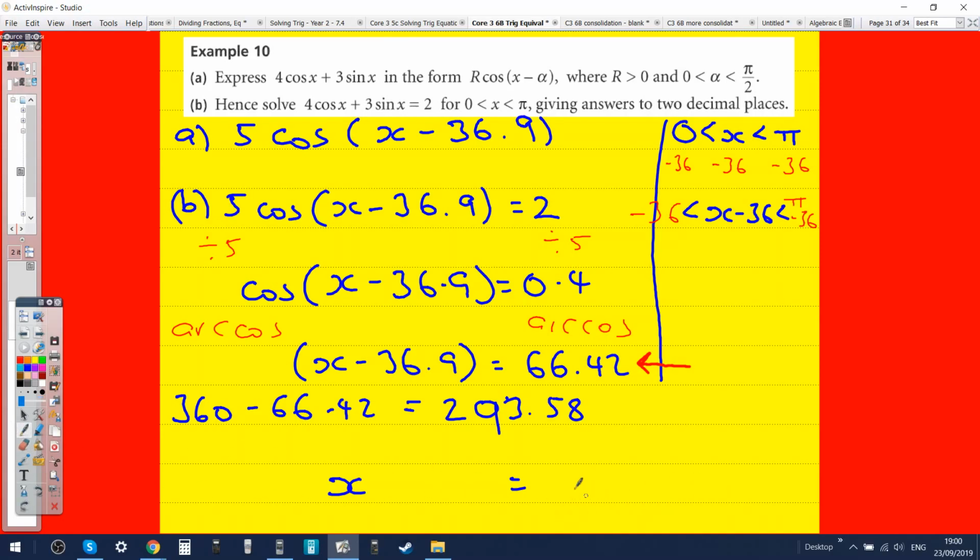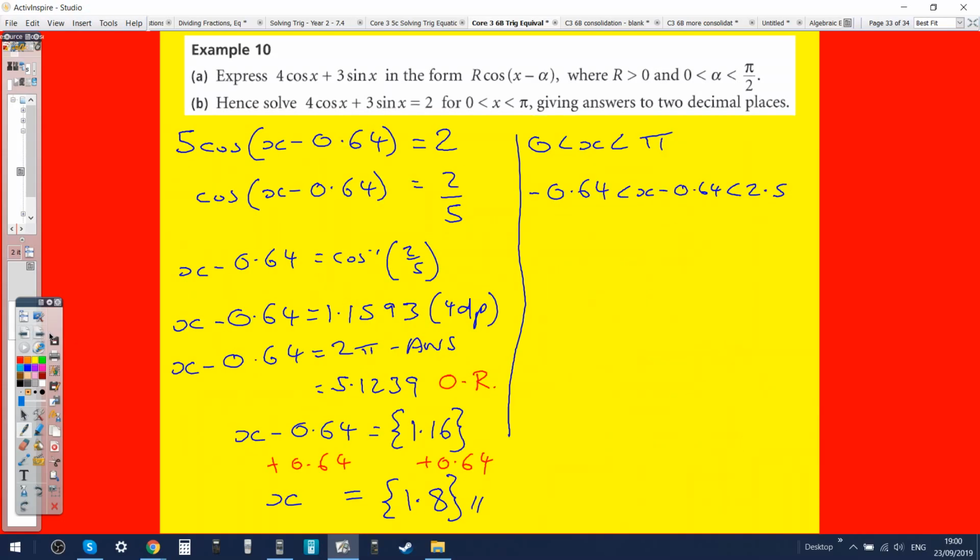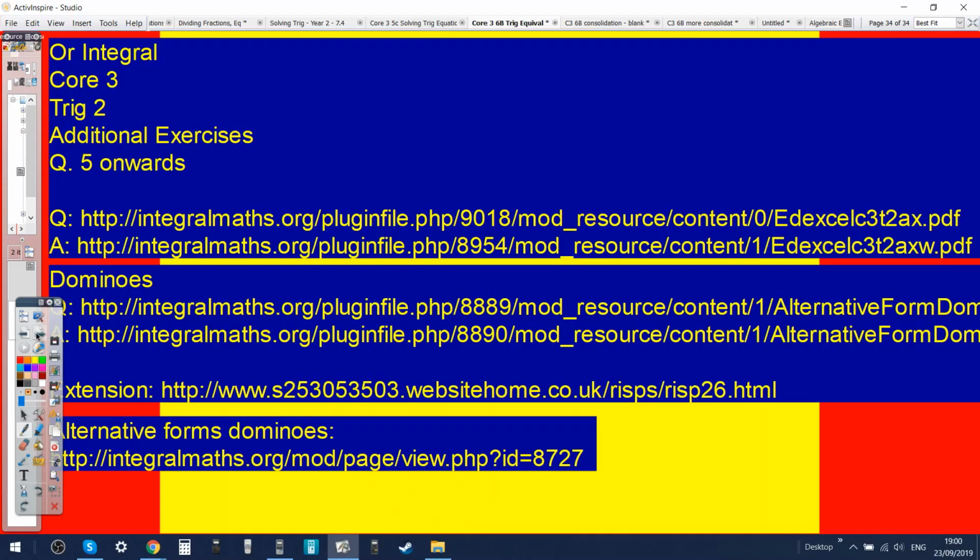That's it. So you're in degrees, and this was radians. Would you then just multiply it by pi over 180 to get radians? Yeah, you could do that. Okay. And it's roughly 1.8 according to this.